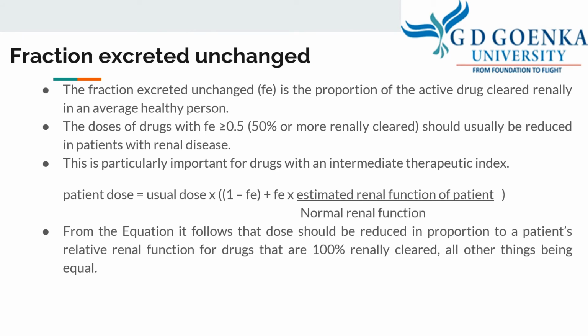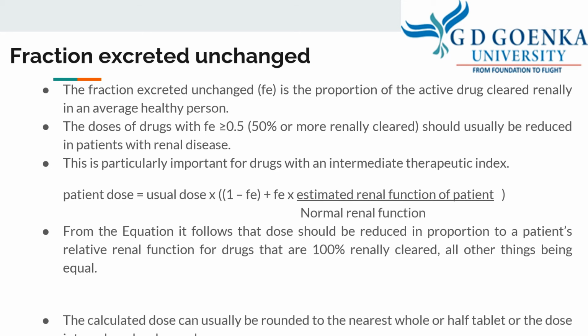From this equation, it follows that dose should be reduced in proportion to the patient's relative renal function for drugs that are 100% renally cleared, other things being equal.